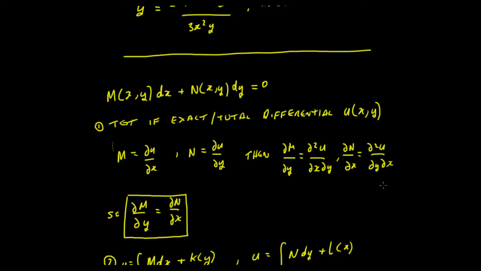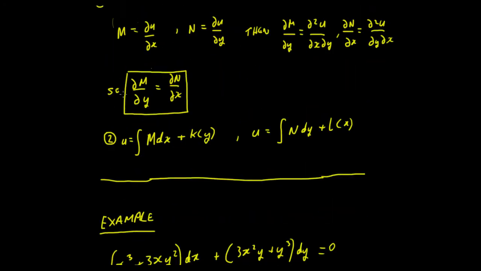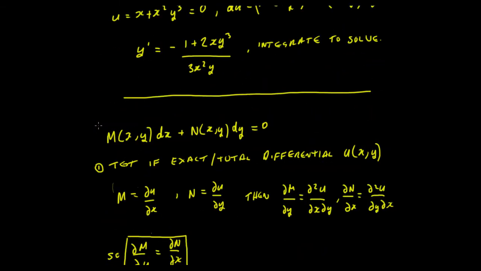If the function is continuous, which we're allowed to assume, then these mixed derivatives will be equal to one another. So partial M by partial y must equal partial N by partial x. This is our little test to see if we have our equation in exact differential form. If that is the case, then we can find our value of u using two different routes.